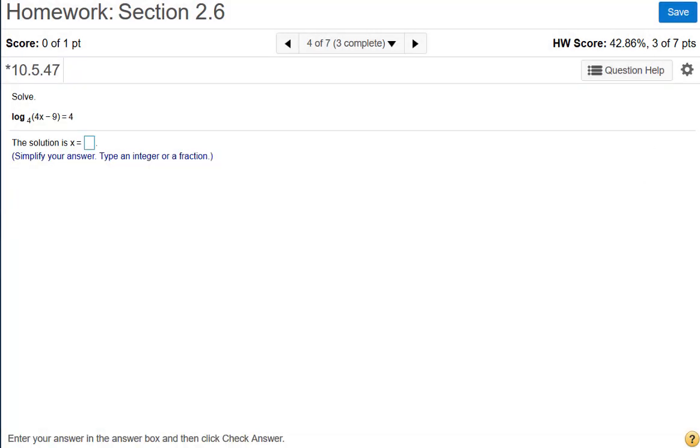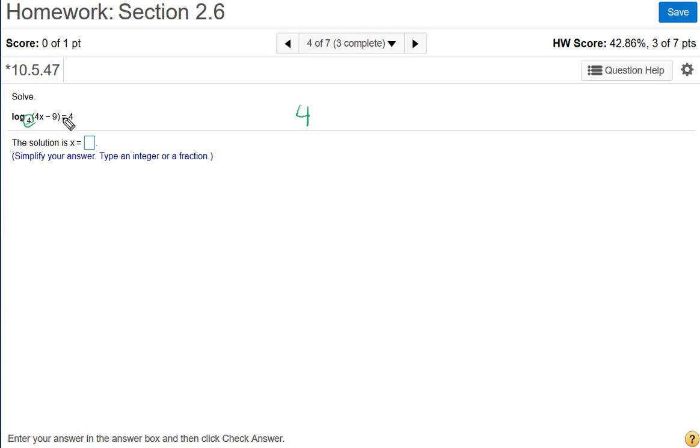To solve the logarithm equation, we use the steps that we did in the first 2 problems to convert this from logarithm form into exponential form. In exponential form, we would have the base. The 4 at the bottom of the log is the base.